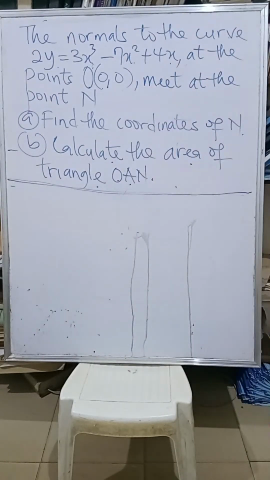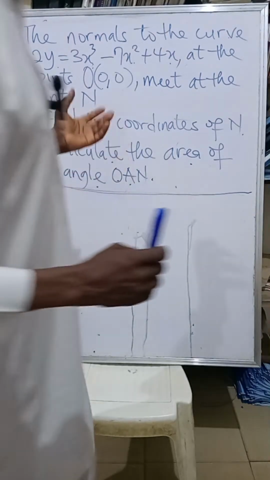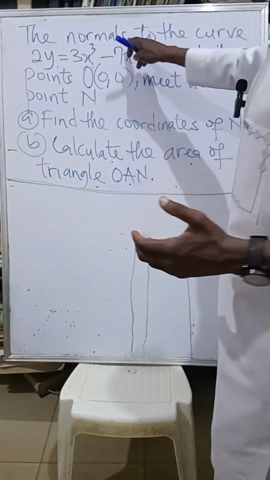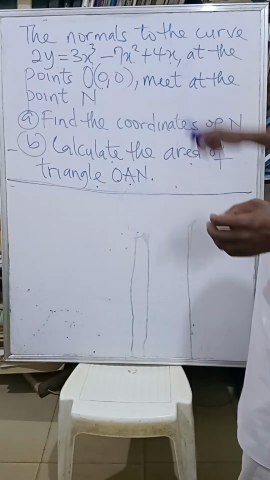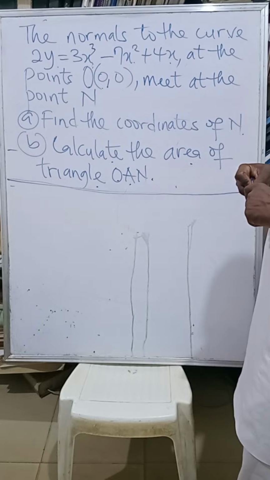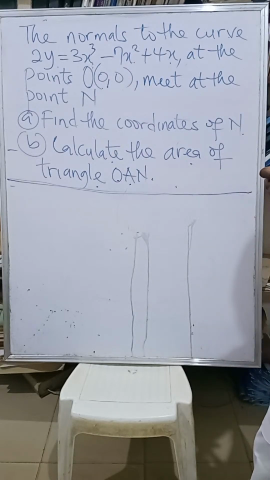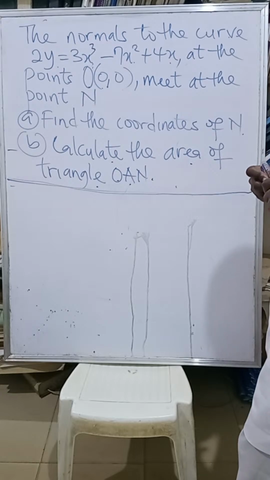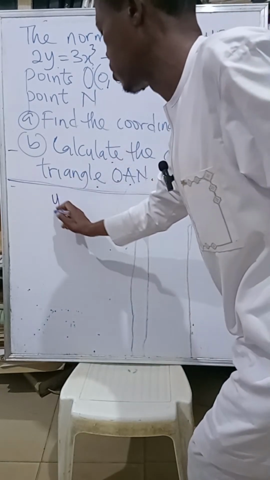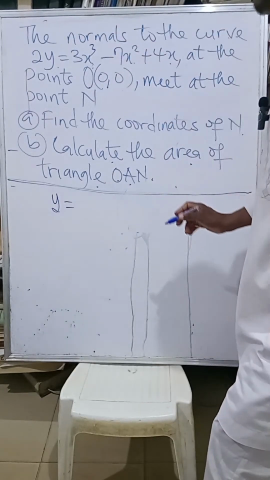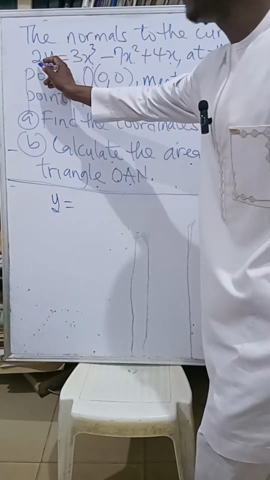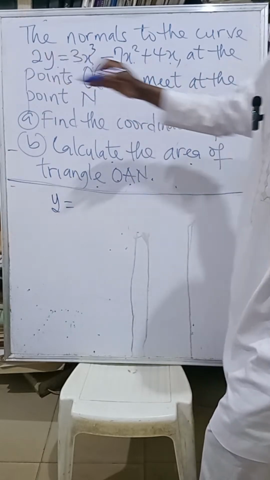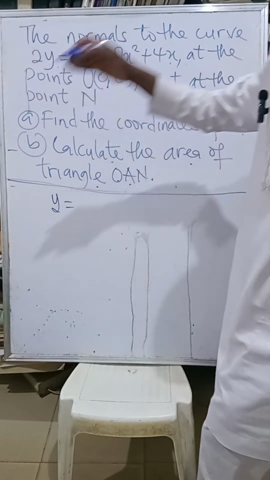Okay, let's look at the comment section. So this is what we have, the normals to the curve. We need to find the gradient first. So we're going to make y the subject by dividing the equation by 2, the left side by 2, the right side by 2.